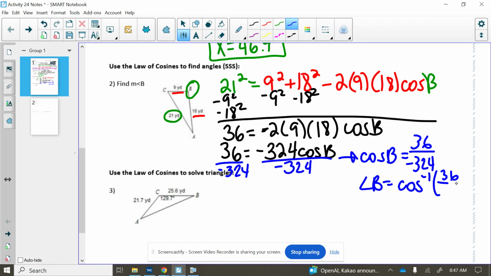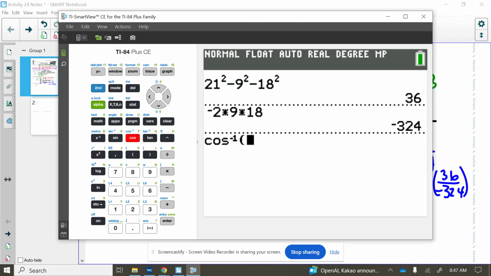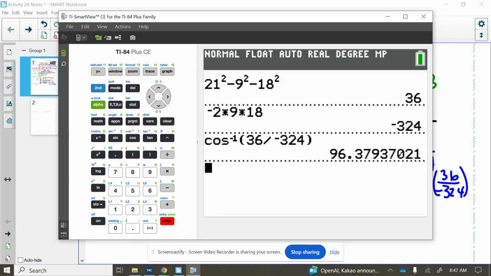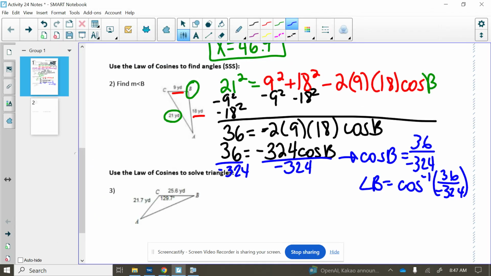So we can just type that fraction in, 36 divided by negative 324, that's the cosine inverse we are trying to find. Don't worry about reducing that, your calculator will do it for you. We get about 96.4 degrees for that one.